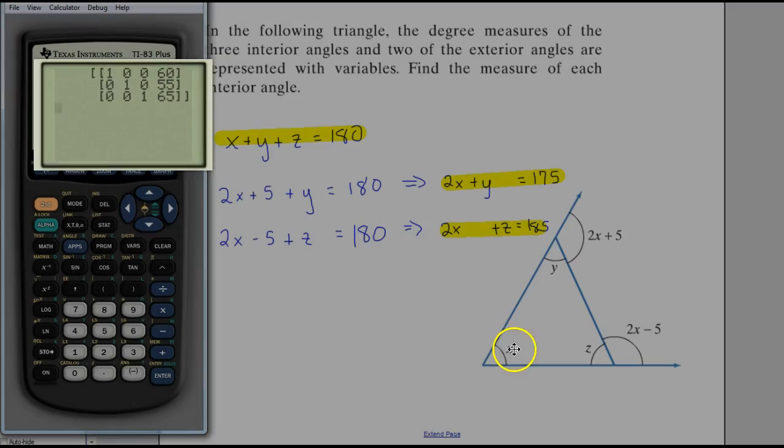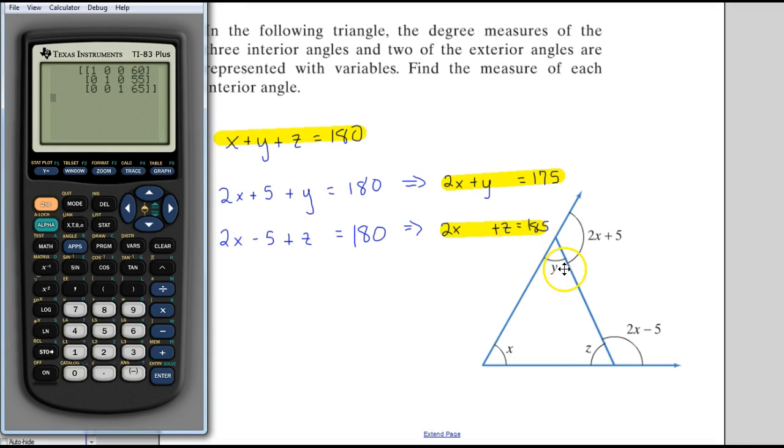Okay, so angle X is 60, angle Y is 55, angle Z is 65. Okay, and if you add those three up, you get 180 degrees. Okay, if you take Y, which is 55, and you add to it 2 times X, which is 60, and you add 5 more, so 2X plus 5, you get 180.